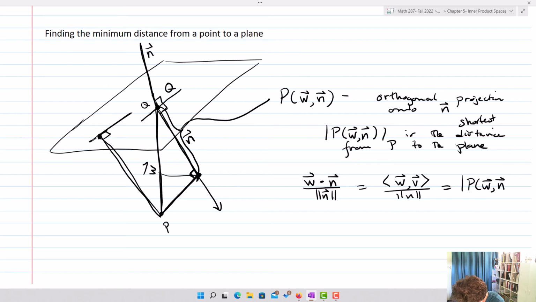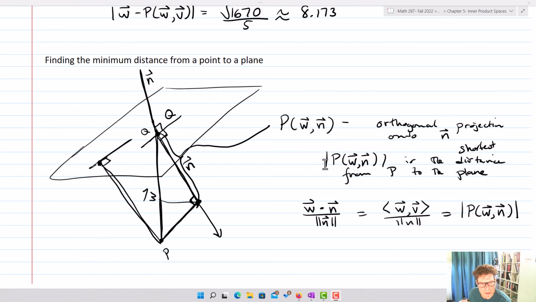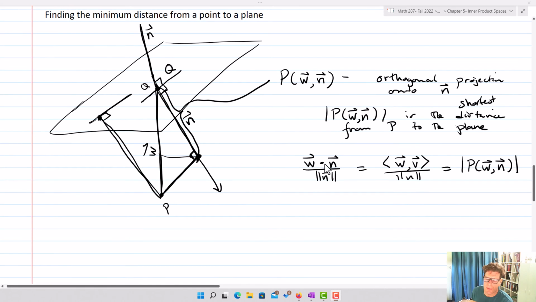So that's actually the distance we're looking for. It's easier because I do know what N is: if I have the equation for the plane, N is simply the direction vector that goes into the equation for the plane.